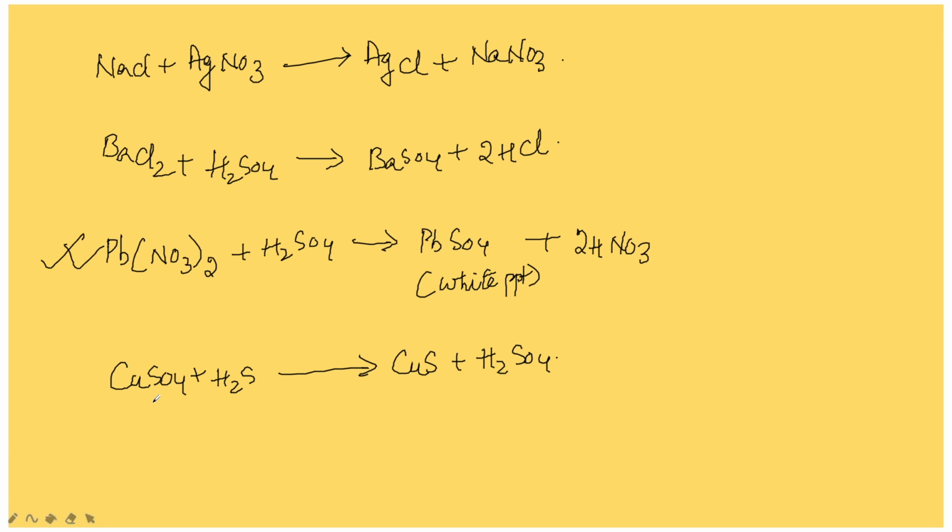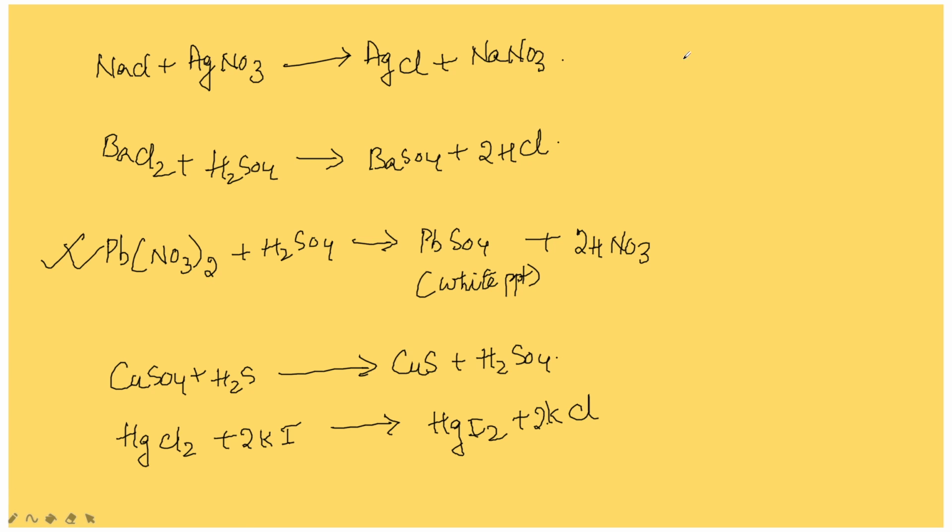Then mercury chloride: HgCl2 plus 2KI gives rise to HgI2 plus KCl. Cl is 2, so here it is 2.